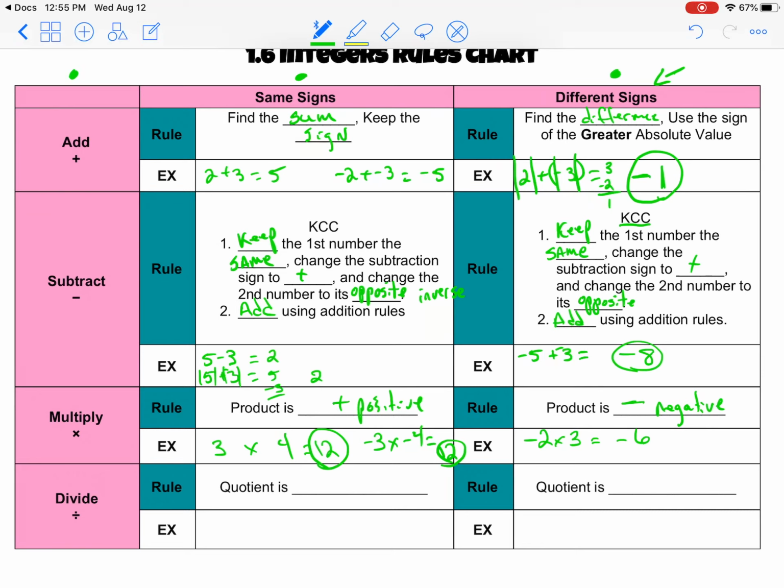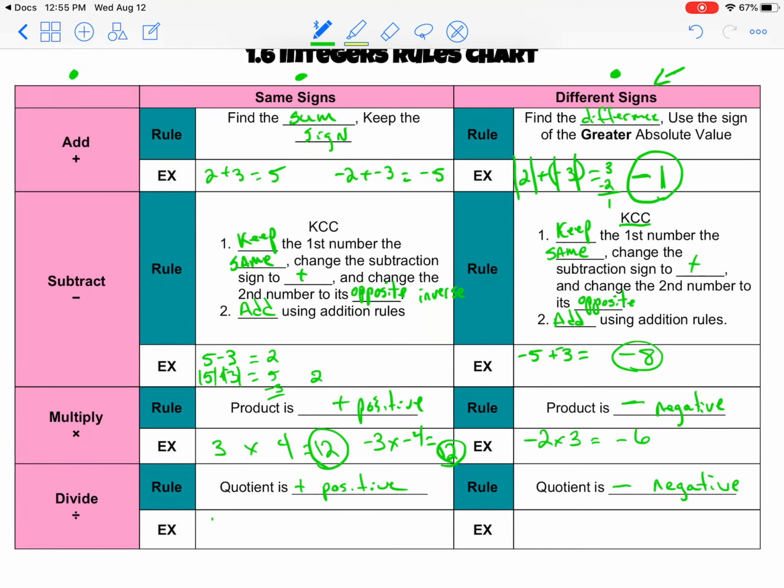What about dividing? Remember that the quotient is the result of dividing. And if the signs are the same, it's just like multiplication, you get a positive result. And if the signs are different, you get a negative result.